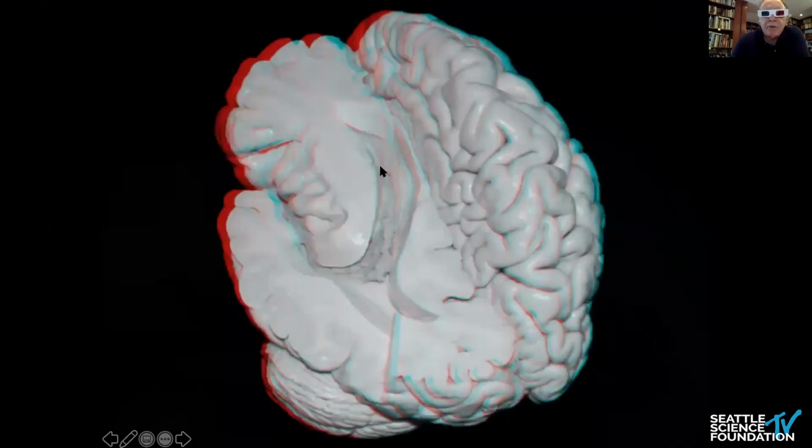And the choroid fissure, of course, has the choroid plexus along the choroid fissure. So since the foramen of Monro is just anterior to the thalamus, as we already mentioned, there is no choroid plexus in the anterior horn. There's just choroid plexus in the body of the ventricle, in the atrium, and in the inferior horn.